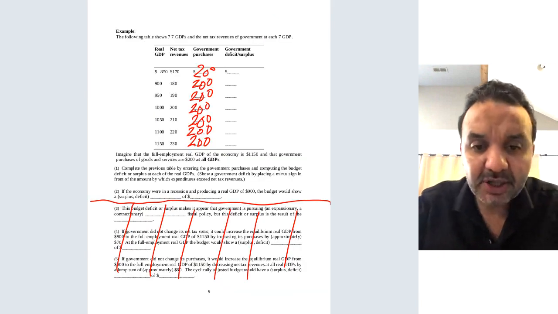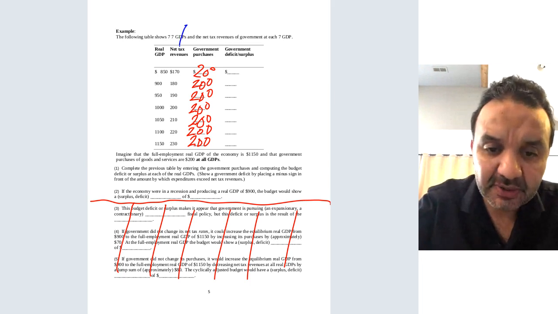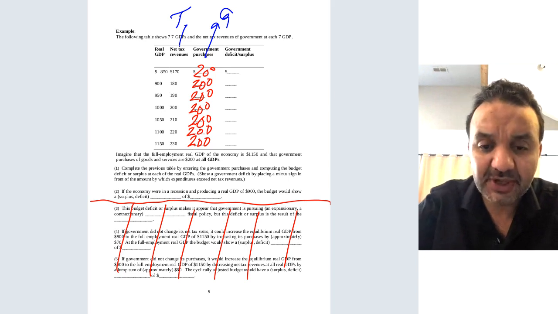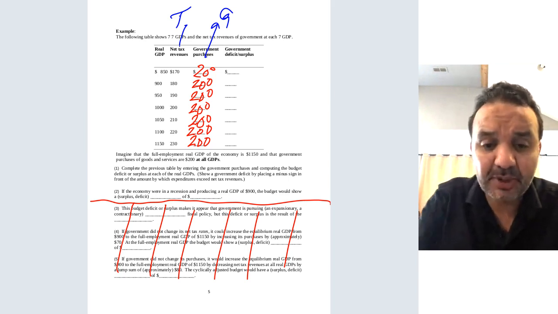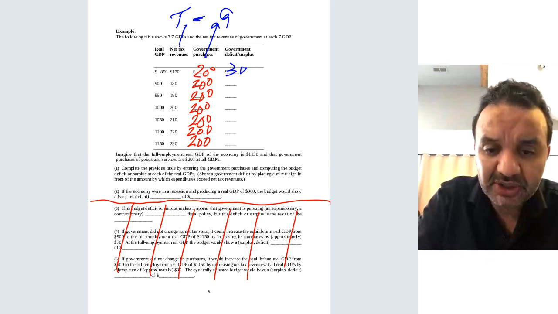Okay, let's see a quick example about the federal budget. This is tax, and this is government spending. You are supposed to calculate whether there's a government deficit or surplus. I said before the formula is tax minus government spending. So 170 minus 200, this is minus 30. This is an easy question. 180 minus 200, this is minus 20.